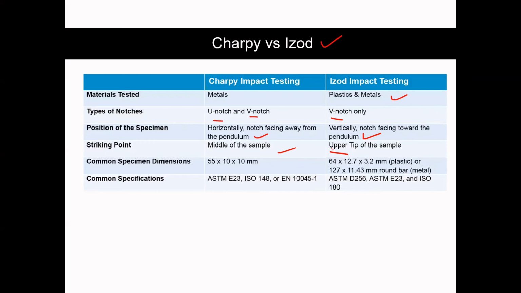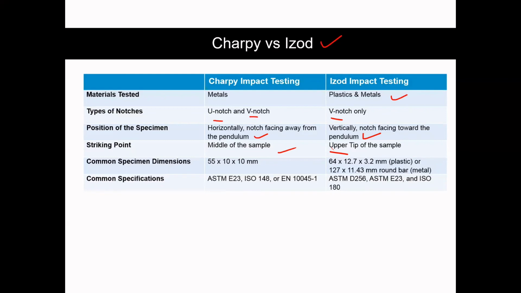The common dimension of a specimen for Charpy impact testing is 55 by 10 by 10 millimeters. For Izod impact testing, for a plastic specimen, the typical dimension is 64 by 12.7 by 3.2 millimeters, or for a metal, 127 by 11.43 millimeter round bar.